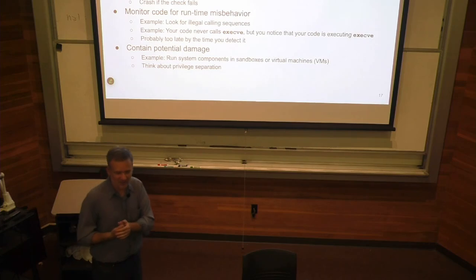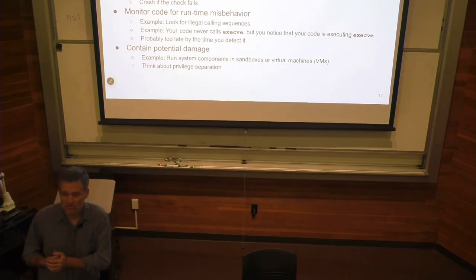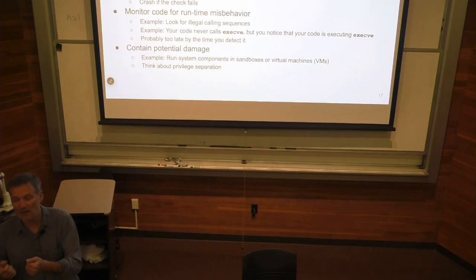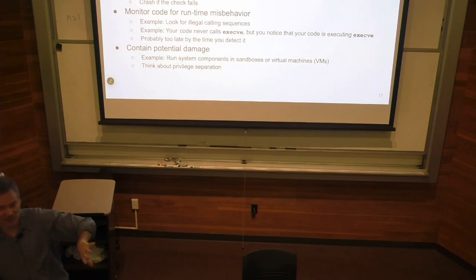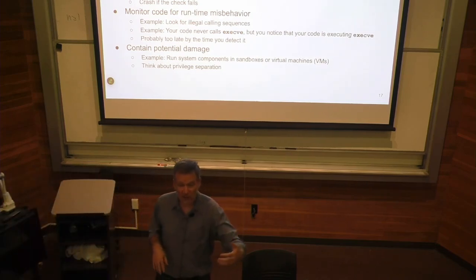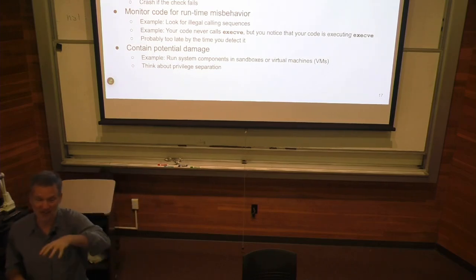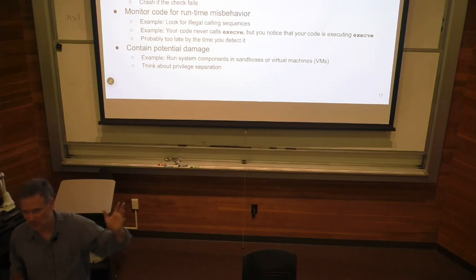For instance, if shellcode often downloads a new program and calls execve to run that new program, and your legitimate source code never calls execve, then you could have the operating system monitor your program, and if your program ever calls execve, that's not legitimate, it must mean that it's been compromised and someone's running some shellcode.